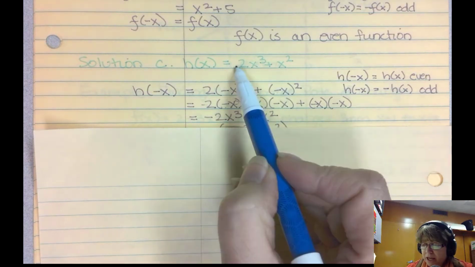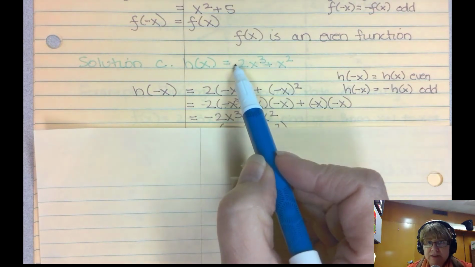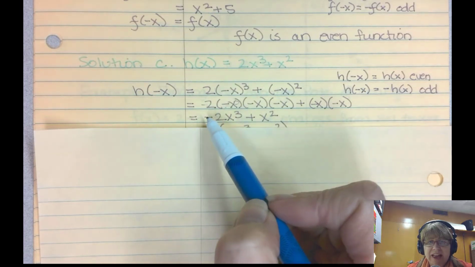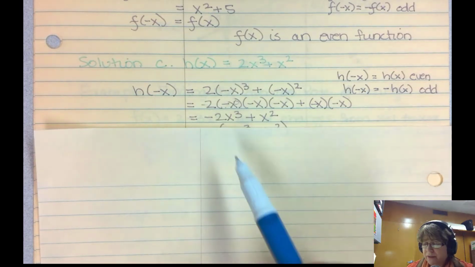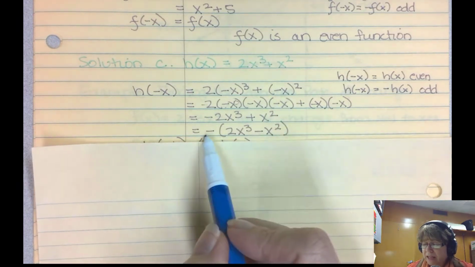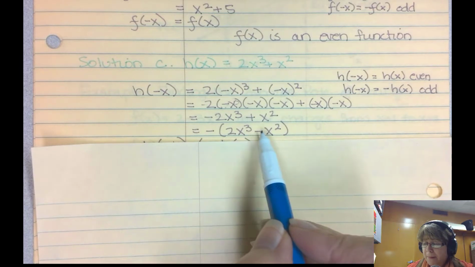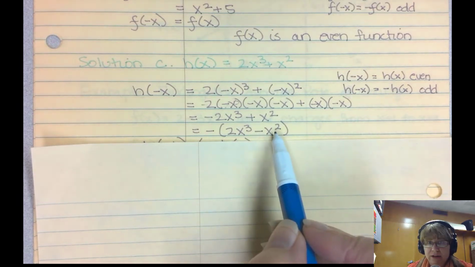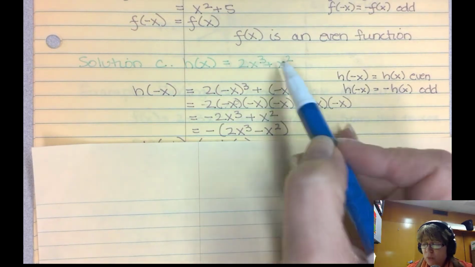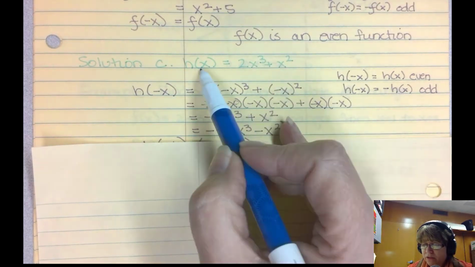Now, generally speaking, I'm looking at the sign in front of the 2 here. I have a positive and I have a negative. Those are opposites. So I'm going to go ahead and factor out this negative from the first term and the second term. So I get negative 2x cubed minus x squared. Aha! Now, 2x cubed is fine, but minus x squared does not match up with our original function.